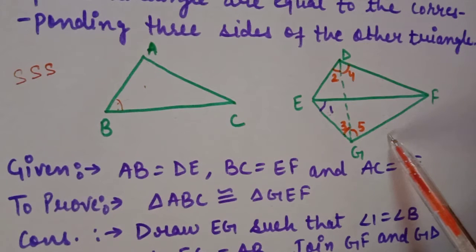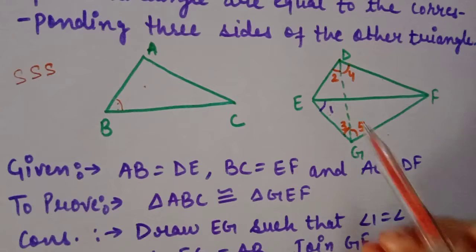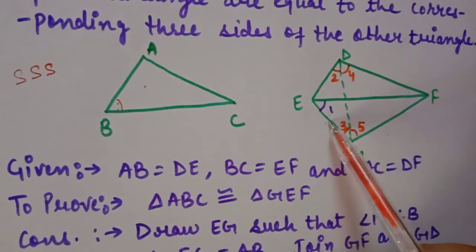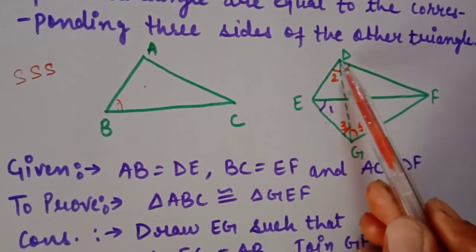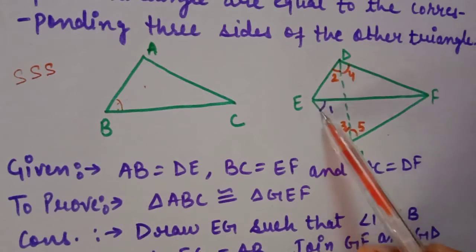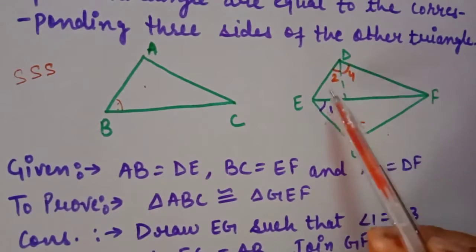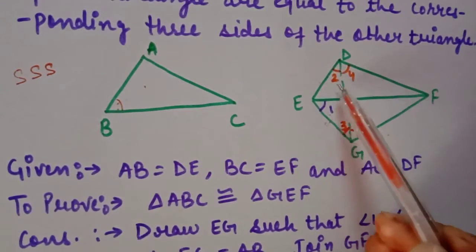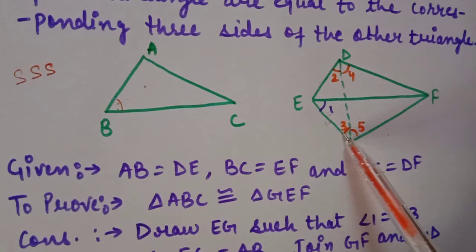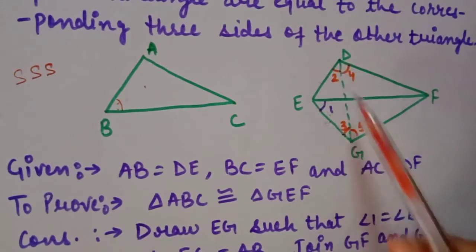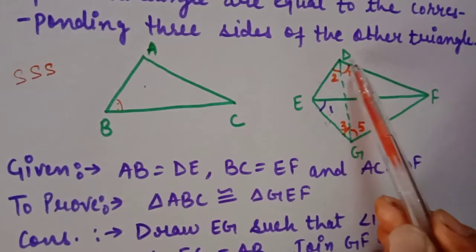So students, we will take these two sides are equal to each other and these two sides are equal to each other. So in triangle DGE, we will take this triangle. These two sides are equal, so their base angles are also equal, because we know it very well that equal sides have equal angles opposite.